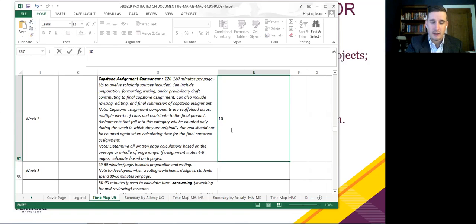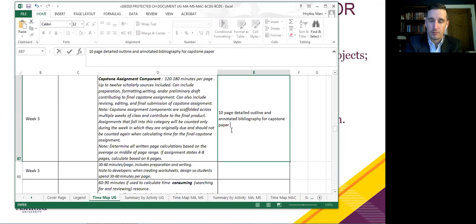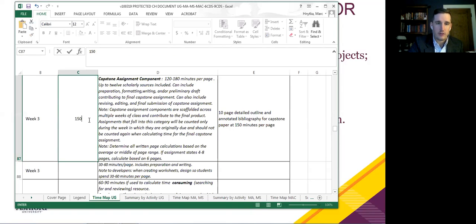So in this case, maybe it would be a 10-page detailed outline and annotated bibliography. And that would be at 150 minutes per page. So that would give us 1,500 minutes for this component in week 3.